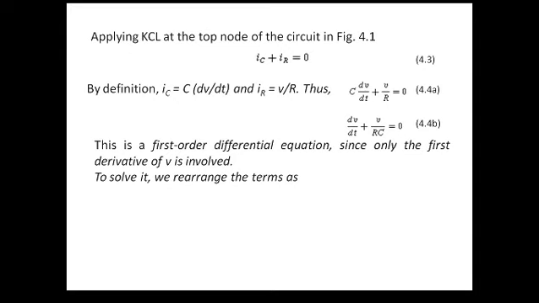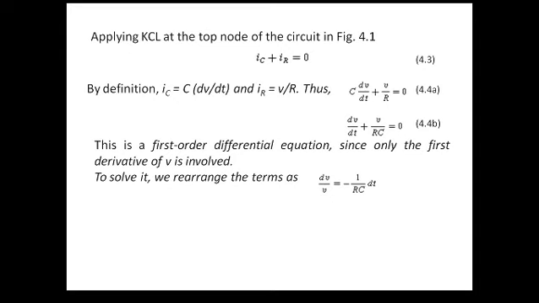To solve this, we arrange dV by dt plus V by RC equals 0. We can solve it without using the formula; if you know that formula directly, you can find the answer, and that also we will see. There is also the standard method we can use here.